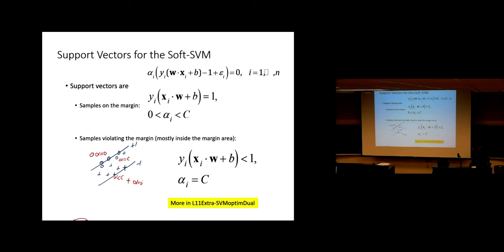Those points on the two sides, on the margin, on the two boundaries, their alpha are bounded by 0 and C. And those inside the margin, their alpha is capped at C. How to derive it, I have some proofs and derivations in the extra slide. Feel free to check it out.